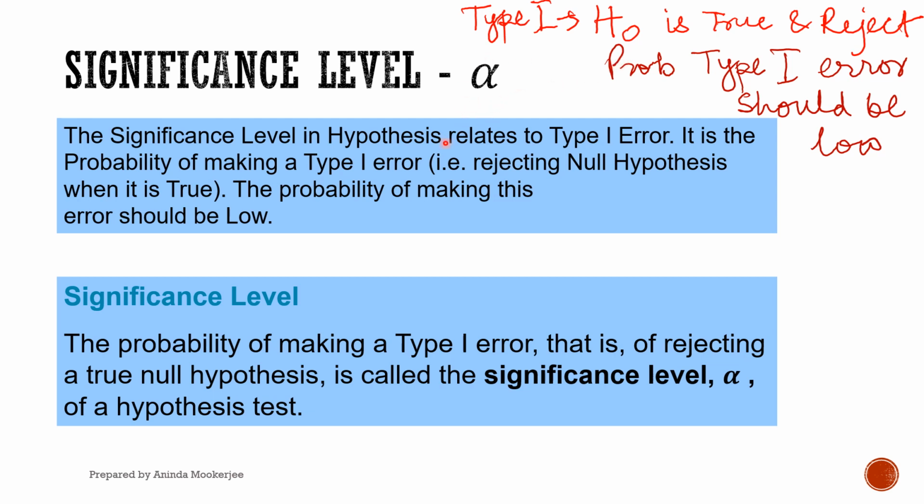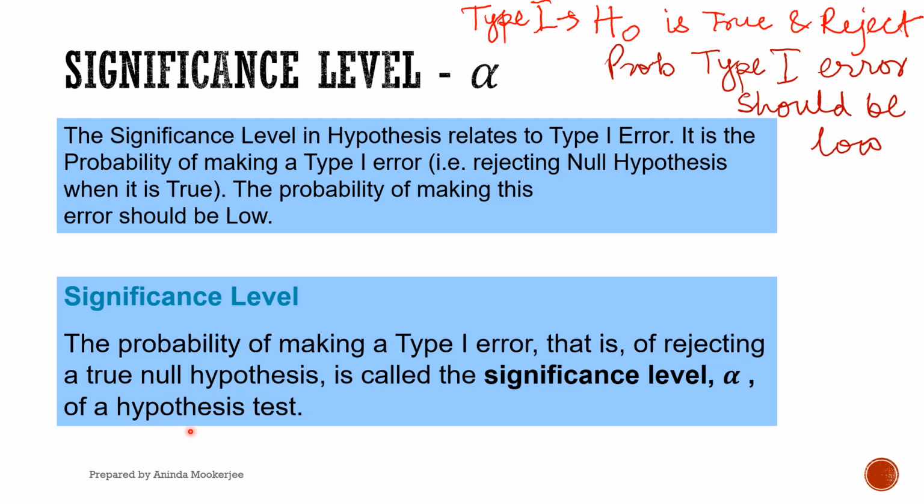And the notation we use to represent the significance level is alpha. So the significance level has to do with type 1 error. What is it? It is the probability of making a type 1 error, that is rejecting a null hypothesis when it is true. The probability of making this error should be kept low.